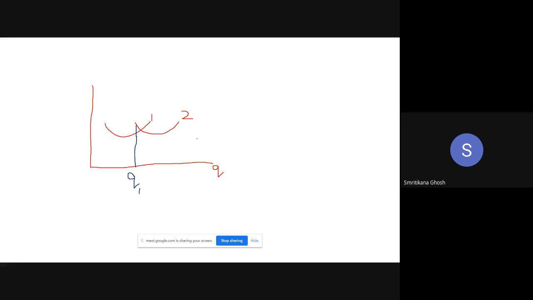Anyone? Tell me, what is 1 and what is 2 in my diagram?